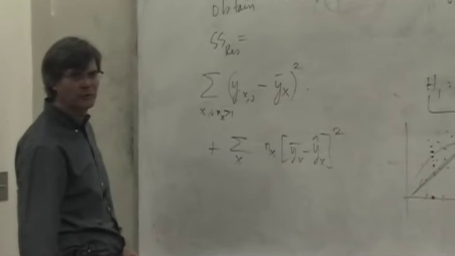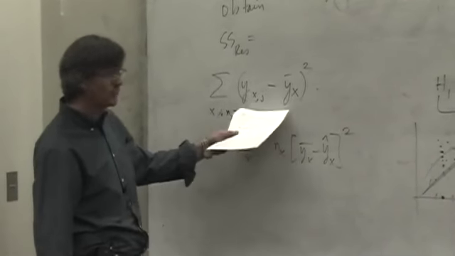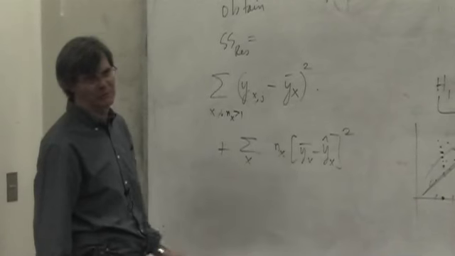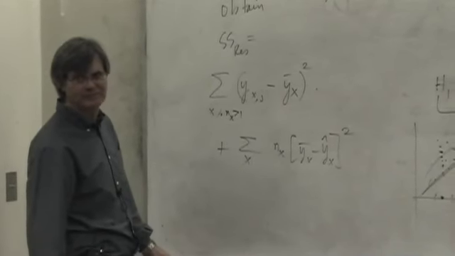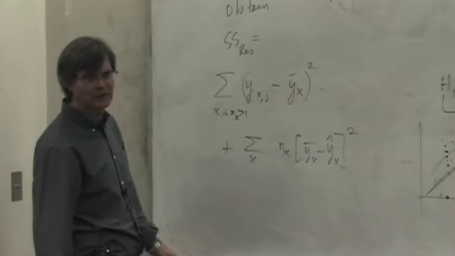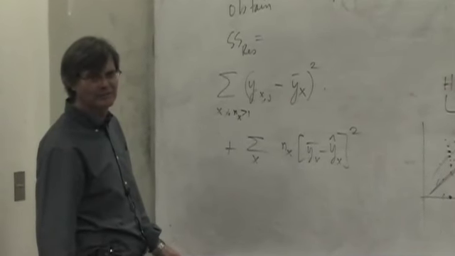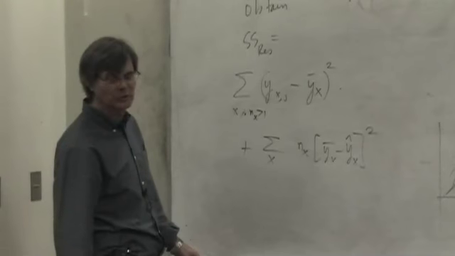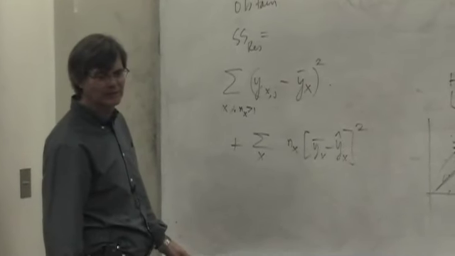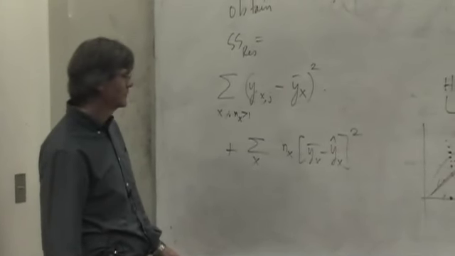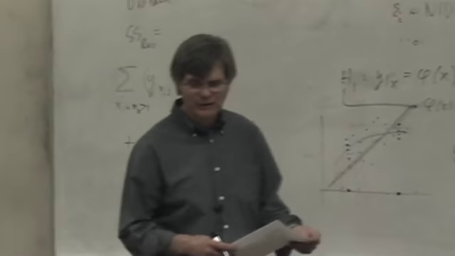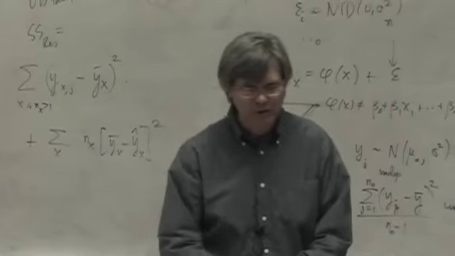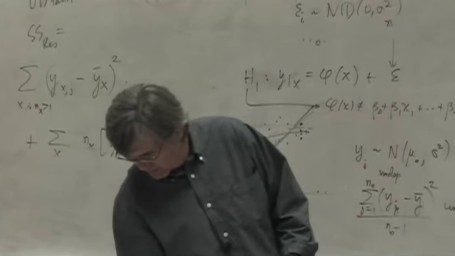If you're familiar with analysis of variance, you can think of this as the within group sum of squares and the between group sum of squares. Some of you have seen that in statistics, others haven't. We'll see that in a later chapter, I believe. We might see that again when we do two-way analysis of variance, an application of the regression models to two-way analysis of variance.